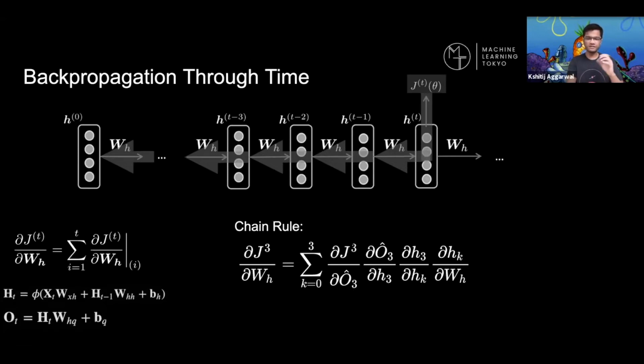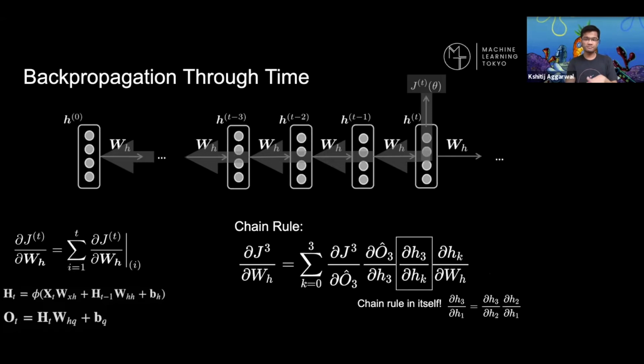So the first thing would be I take the derivative of the loss with respect to the output, then the derivative of the output with respect to the immediate hidden state. But then I also need to take the derivative of the hidden state with respect to all the previous hidden states, and the derivative of the hidden states with respect to the weights. Does that make sense?